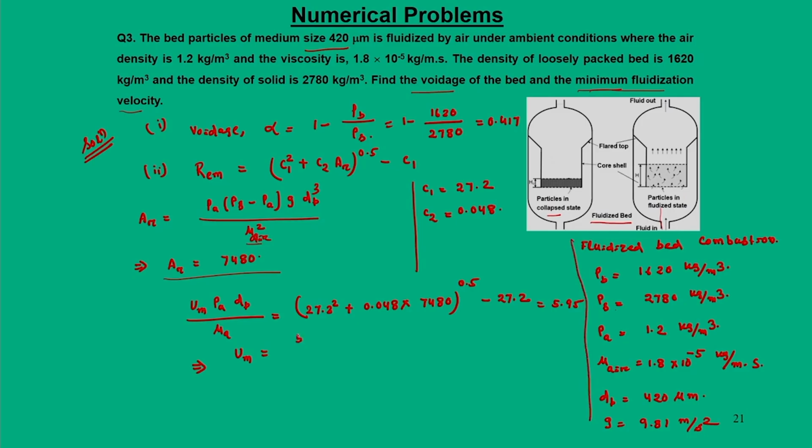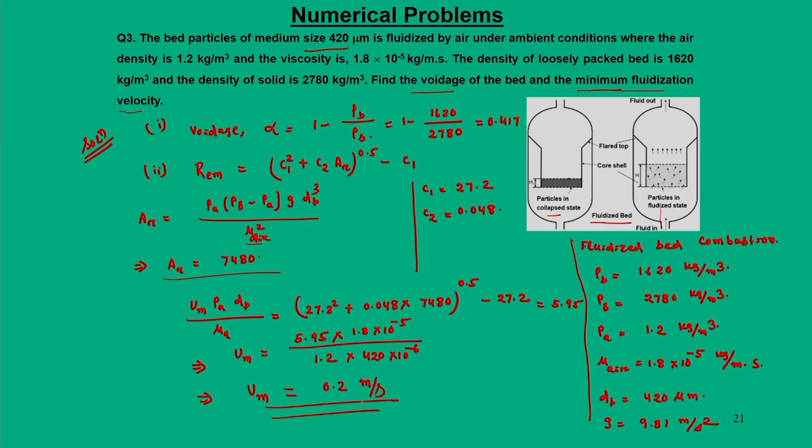So, we say 5.95 into mu air, that is 1.8 into 10 to the power minus 5, divided by rho air, that is 1.2, into 420 into 10 to the power minus 6. So, the answer is that the minimum fluidization velocity is 0.2 meter per second.